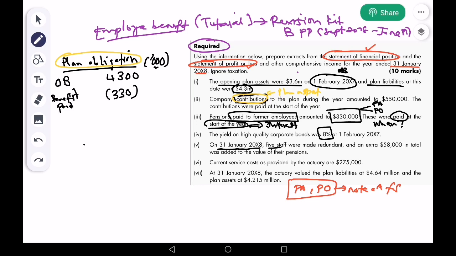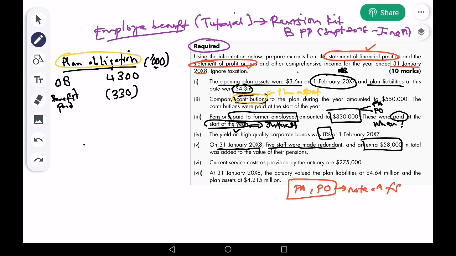Redundant, extra 58,000. Perfect, class. Now as you can see, paid at the start of the year.